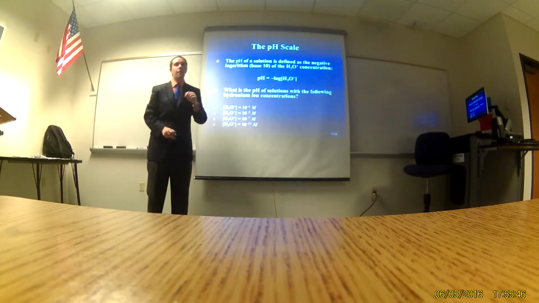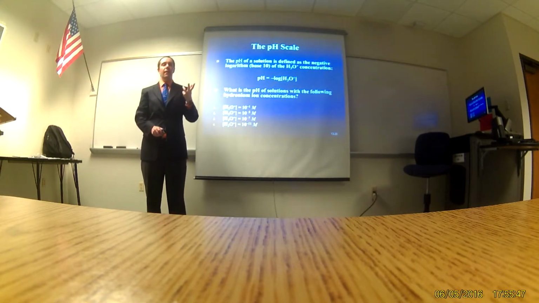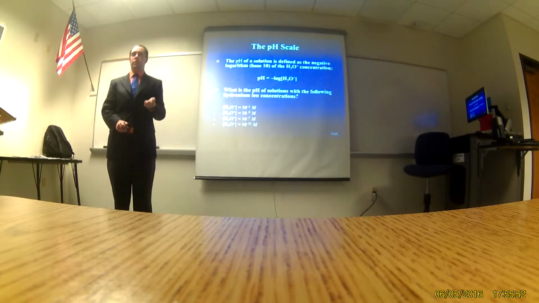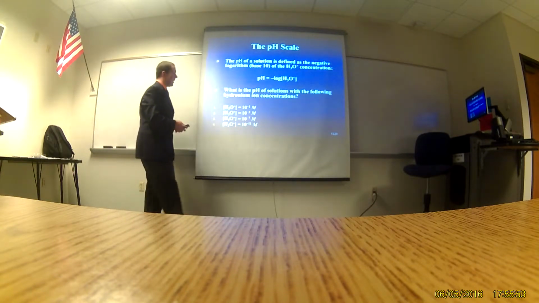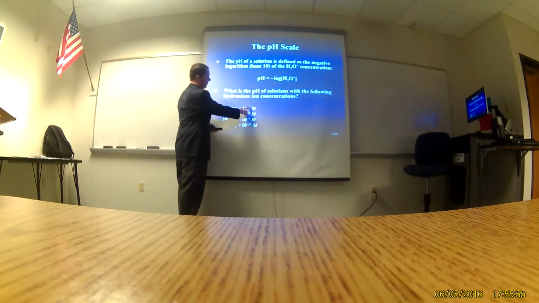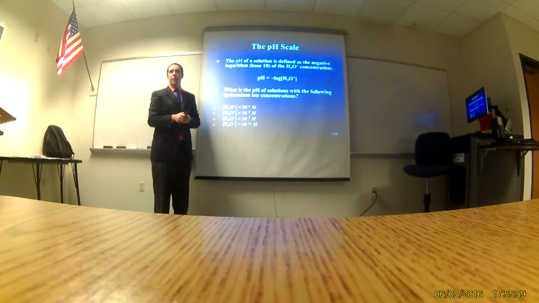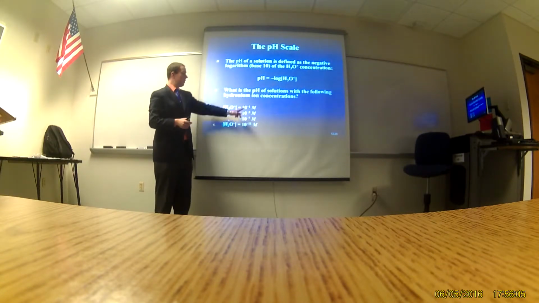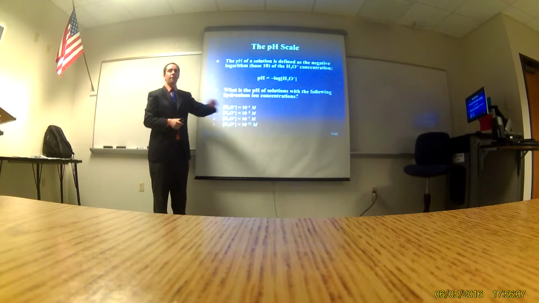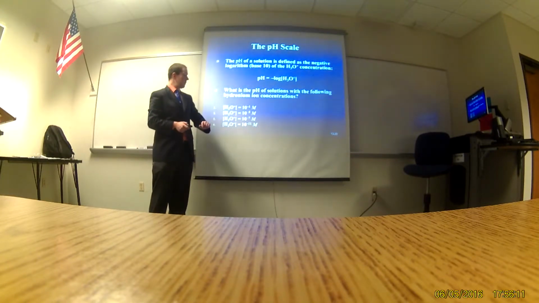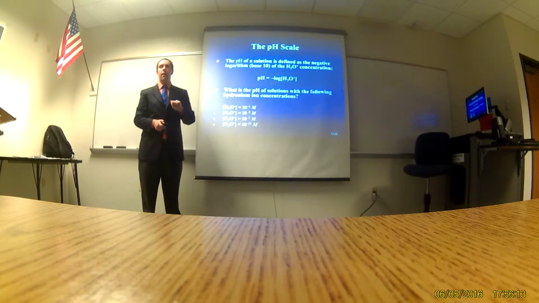In the magic of logs, our logs take exponents and make them normal numbers. So if I take the negative log of that, does anybody know what you get? You get 1. Take the negative log of that. What do you get? 5. That one? 7. That one? 11.